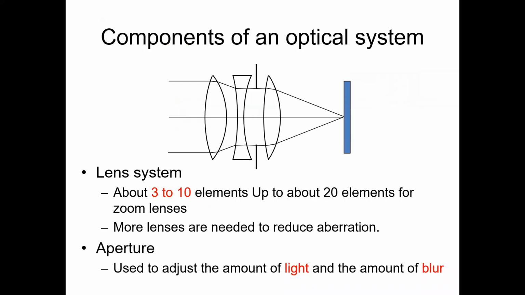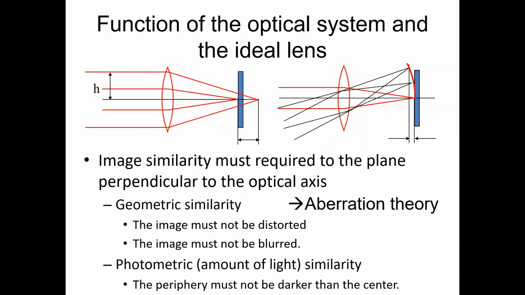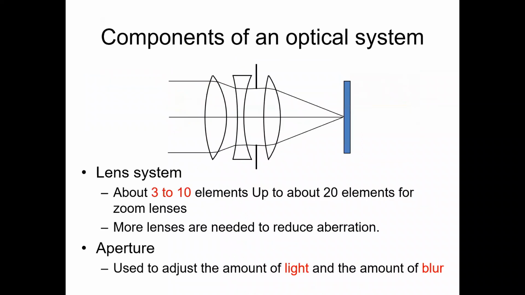So the components of an optical system look something like this. To compensate for those aberrations, usually not just a single lens but 3 to 10 lens elements are attached together. And a really famous setting is a lens consisting of 3 lenses.